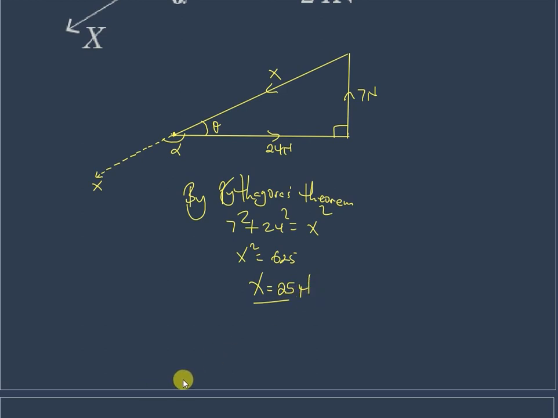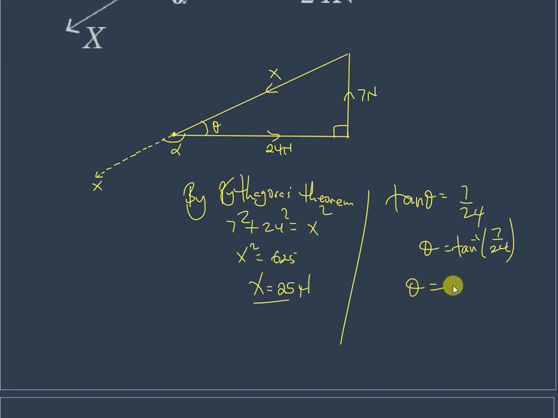Now the value of theta. You can see that tangent of theta is opposite over adjacent, 7/24, and theta is arctan of 7/24, getting us a value equal to 16.3 degrees.